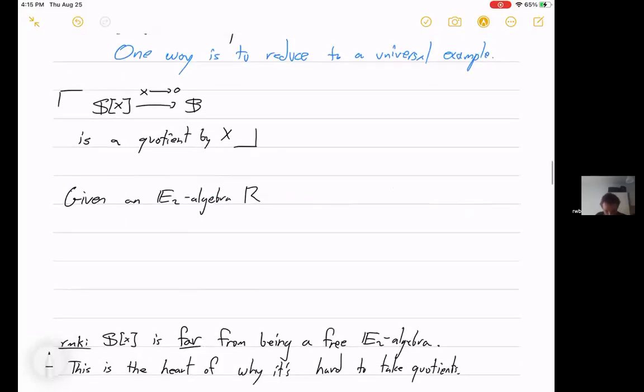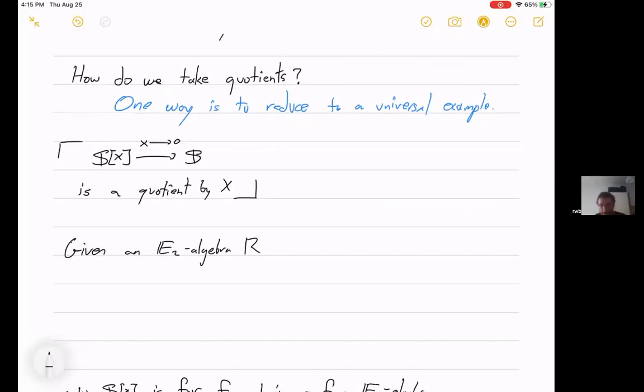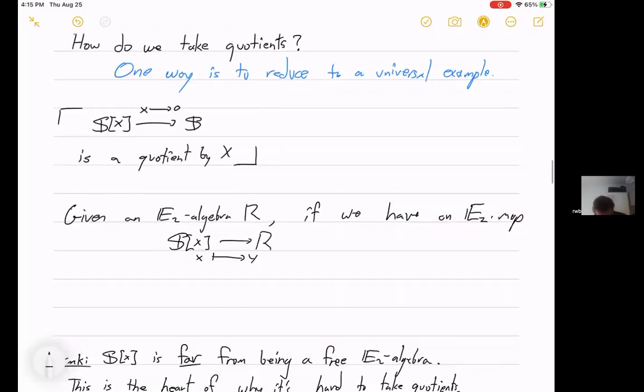And so, given an E2 algebra R, if we have an E2 map that goes S adjoin X to R, which sends X to, let's say, some class Y in pi 0 of R, we can base change.